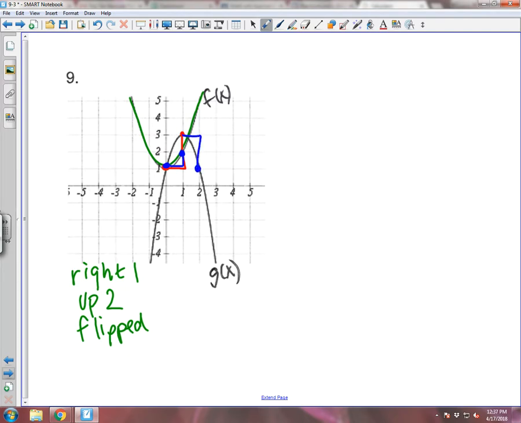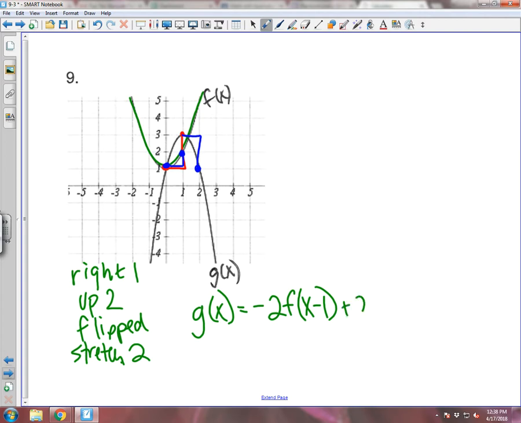So that means this thing has been compressed by 2. I'm sorry, not compressed. This thing has been stretched by 2. It got skinnier. So if I'm going to write my function, I need to flip it and stretch it. Then I may need to move it to the right 1, which means I'm going to subtract 1 in those parentheses, and up 2 means I'm going to add the 2 on the end.